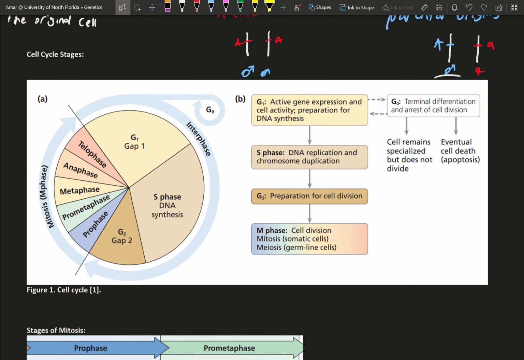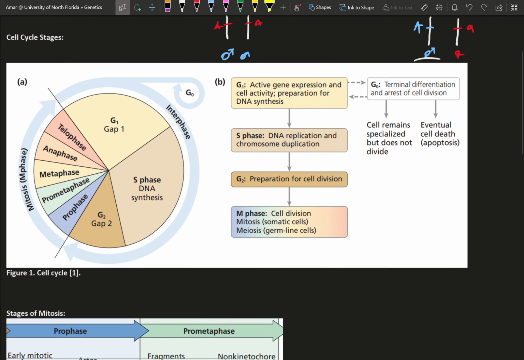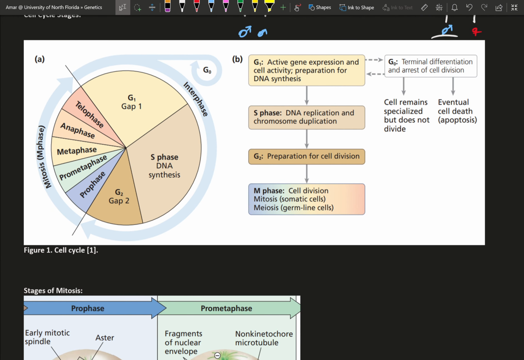So to begin with meiosis or mitosis, the cell has to complete a series of growth phases in order for the cell to properly divide. This is typically referred to as the cell cycle. During this cell cycle, there are two main phases called the interphase and the M phase.